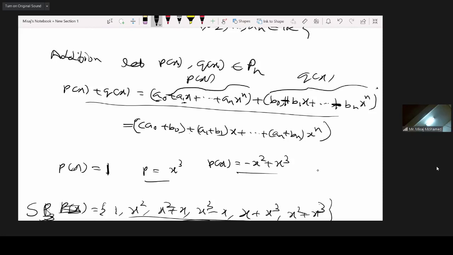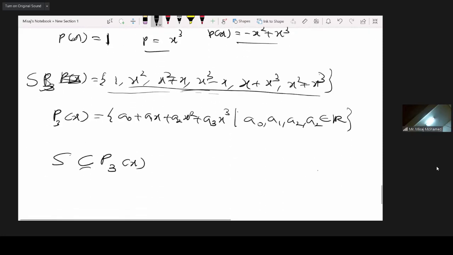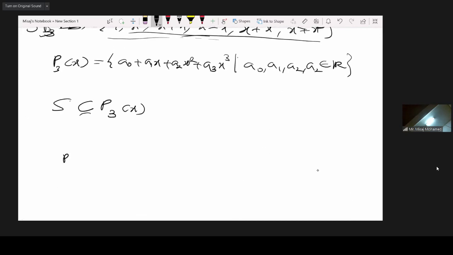So the zero polynomial P(x) is 0 plus 0x plus 0x squared, 0x cube, like that, up to 0x^n.